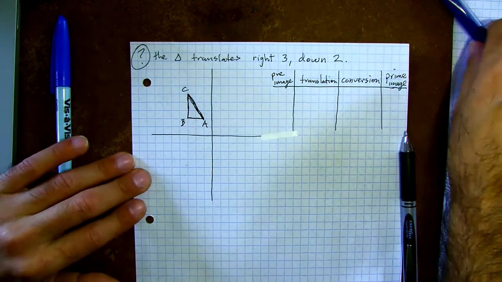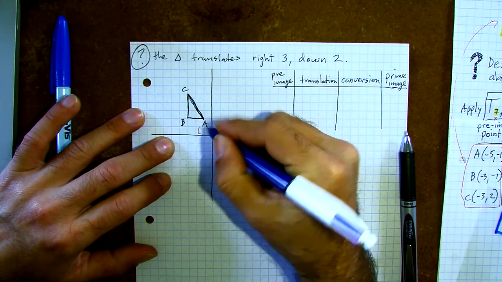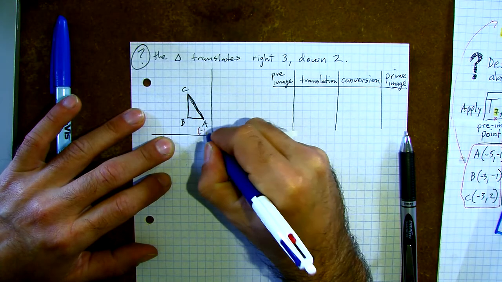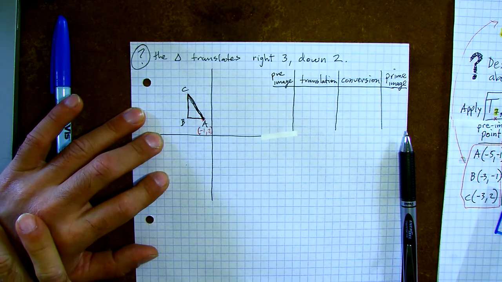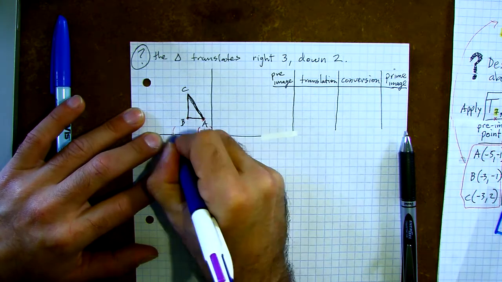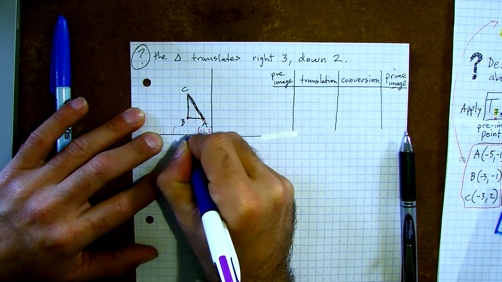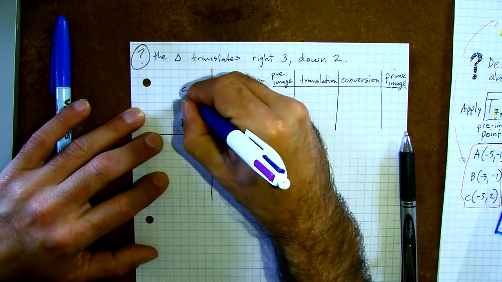coordinates for each point. So I think it's going to be helpful. Of course, we're going to have to figure out, okay, where is A? A is at -1, 2. Okay, that's A right here. Where's B? B right there is at -3, 2. Where's C?